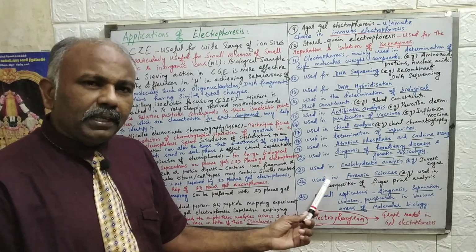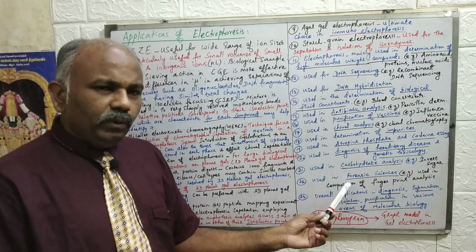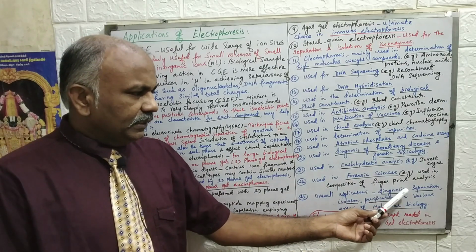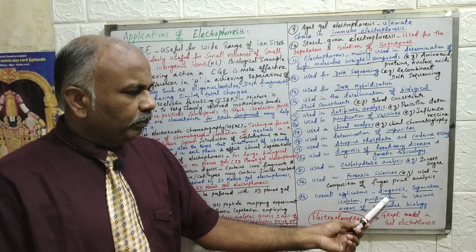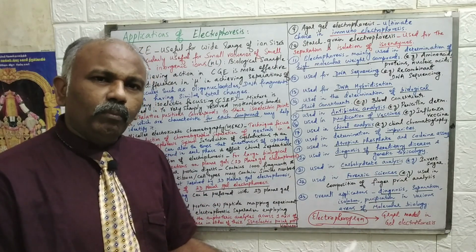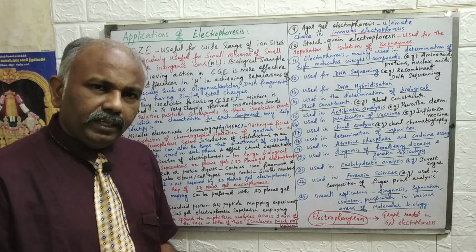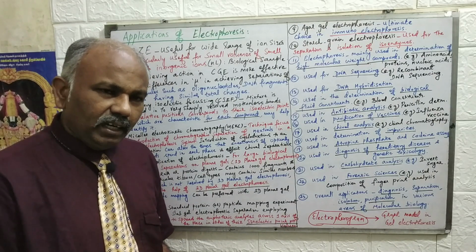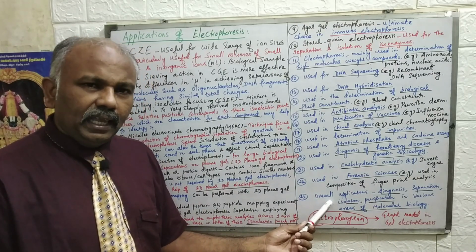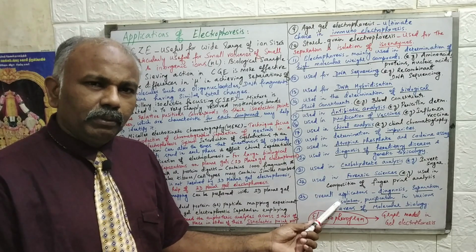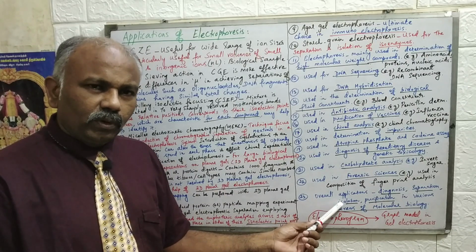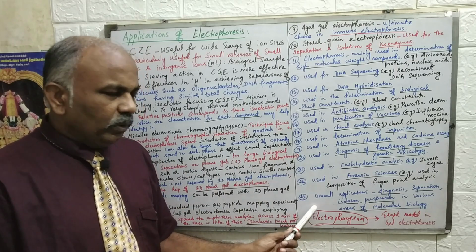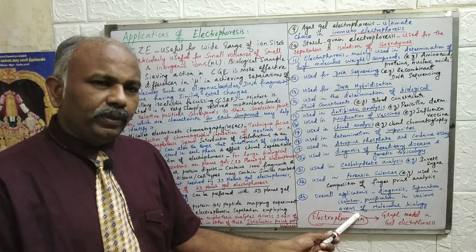Then, overall, we can use the technique for diagnosis, separation, isolation and purification in various areas of molecular biology. Wherever DNA, RNA, proteins are involved, we use this as one of the very important, unavoidable techniques, that is electrophoresis. One example is the electrophoregram.